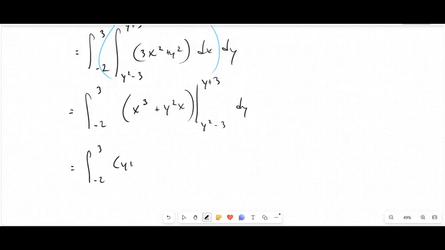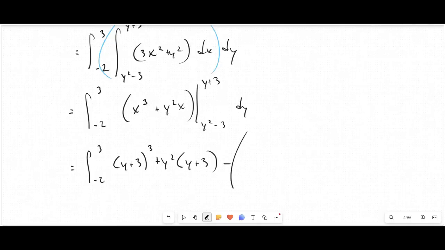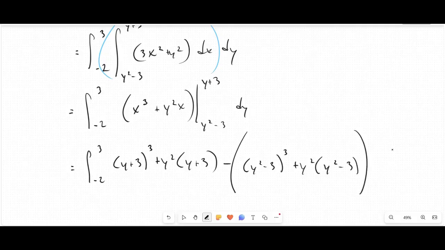First you plug in y plus 3 for x. And then you have to subtract off what happens when you plug in y squared minus 3 for x, dy.